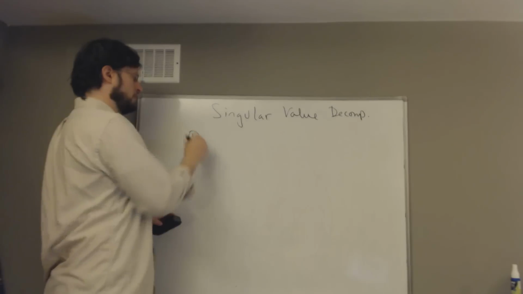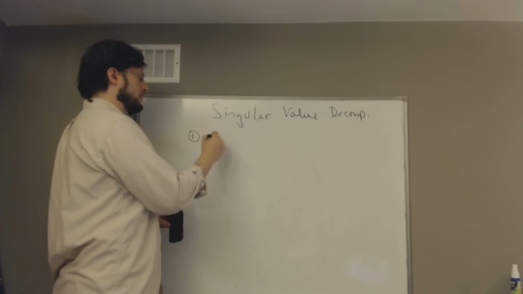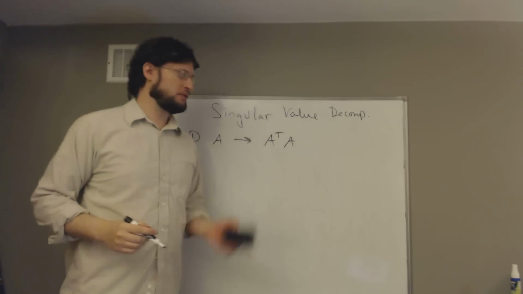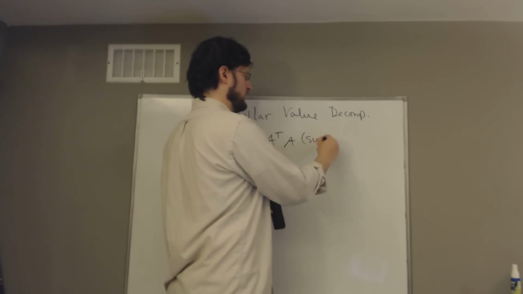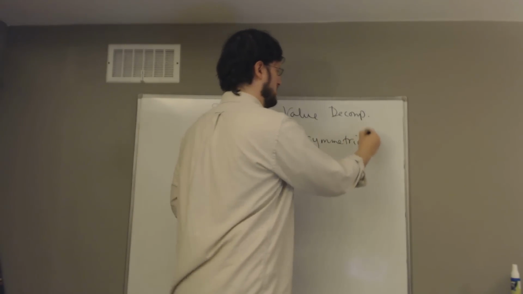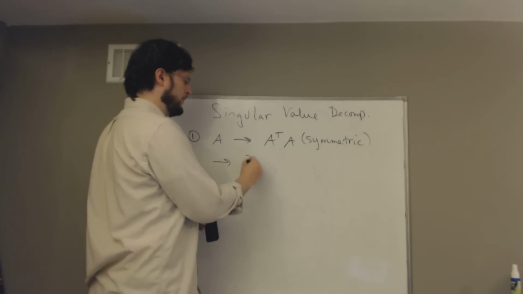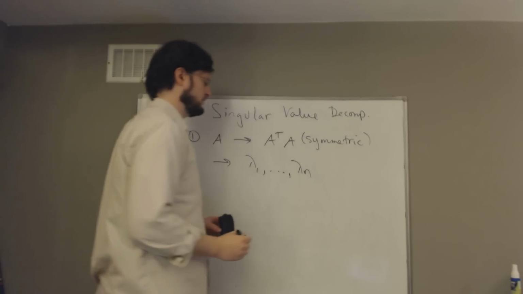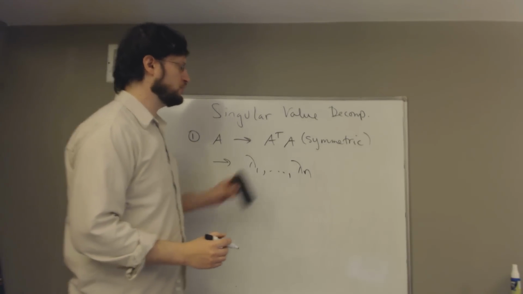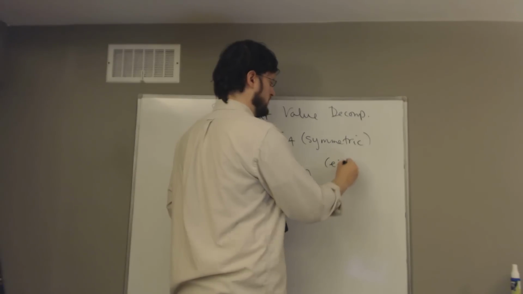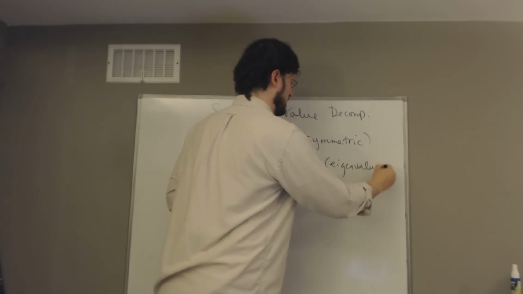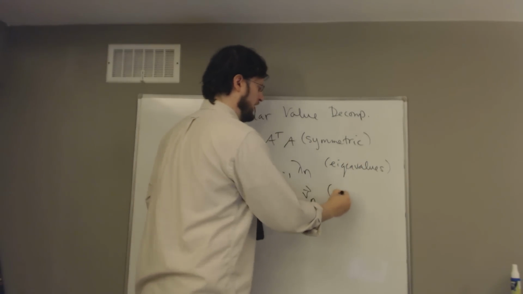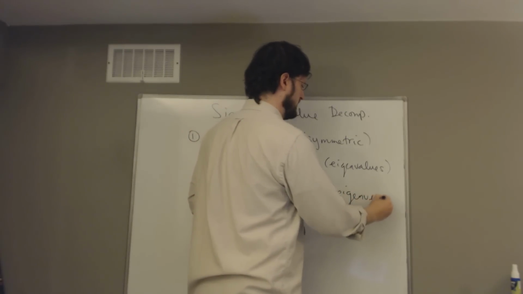So step 1, we start with the matrix A, and then we look at the matrix A transpose A, which is now symmetric. And then we calculate lambda 1 through lambda n, the eigenvalues, and v1 through vn, the eigenvectors.